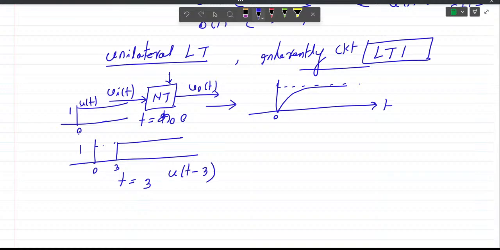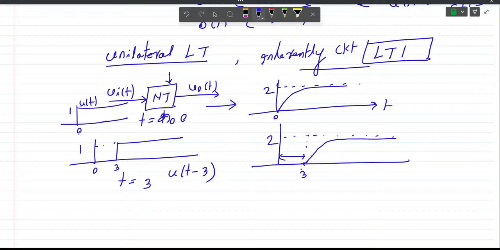So obviously my response will only be shifted without changing the system property. The response will be exactly the same, only shifted. You see both responses are the same, only the output is shifted by 3 units or 3 seconds. That is called time invariance.